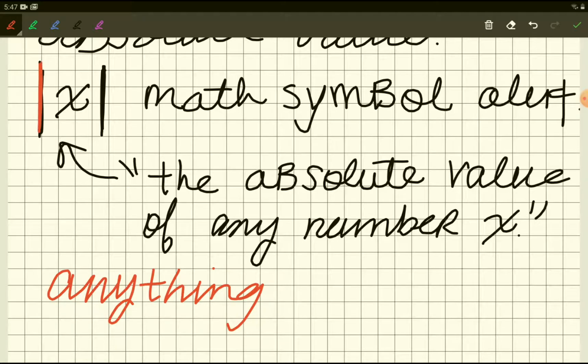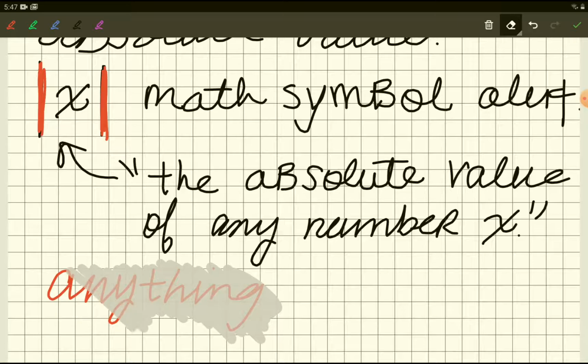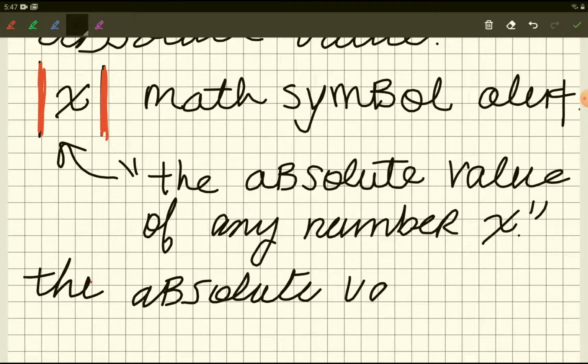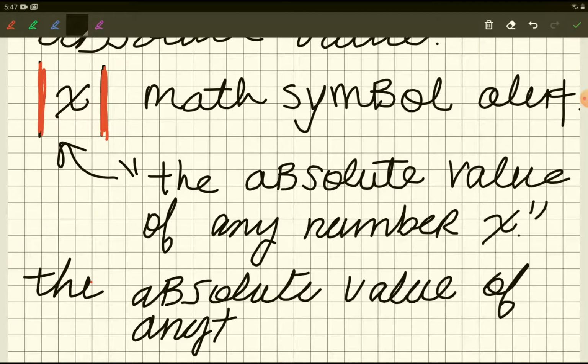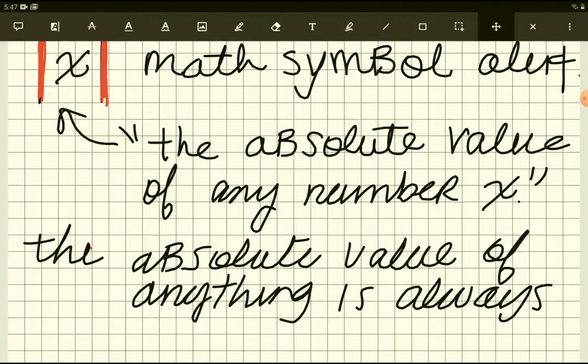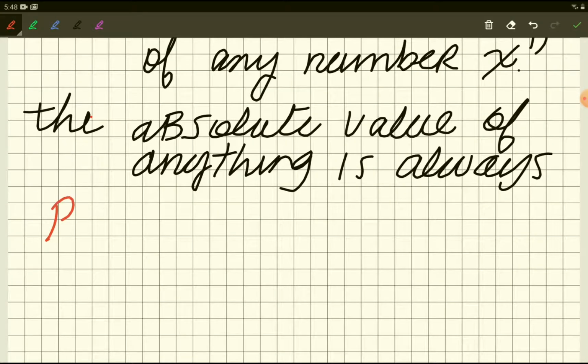The thing with absolute value is that the absolute value of anything is always positive.